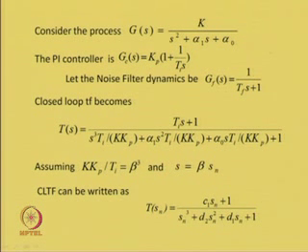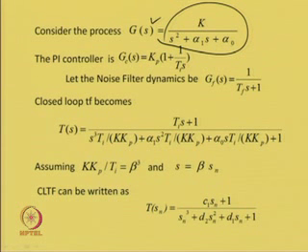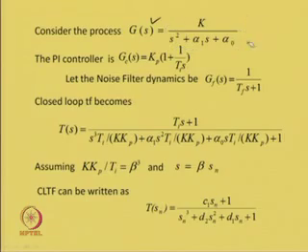Now, again consider the all pole second order transfer function of the process given by G(s) = k/(s² + α1 s + α0), and the PI controller of the form G_c(s) = Kp(1 + 1/(Ti s)).